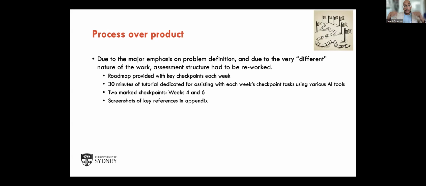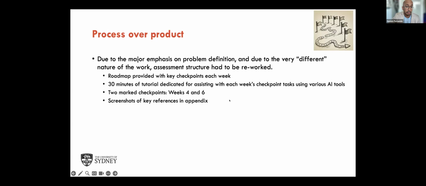And with this roadmap, each week we spent 30 minutes of our 2-hour tutorial time dedicated to how they could go about that particular checkpoint for that week, as well as how different AI tools could be integrated to help them with that checkpoint. And we worked on examples, okay, sample scenarios during the tutorial.